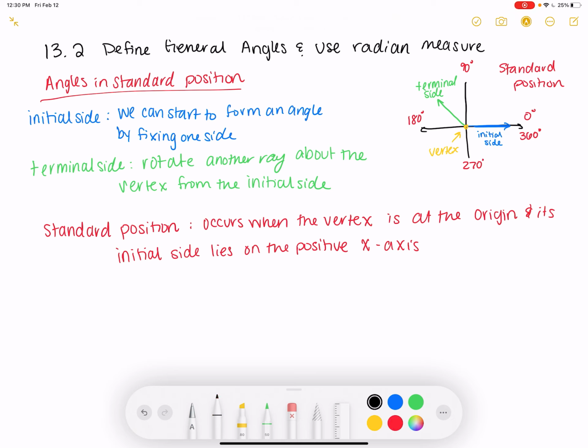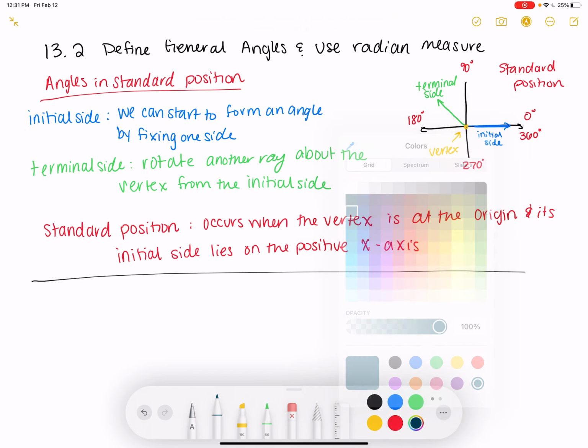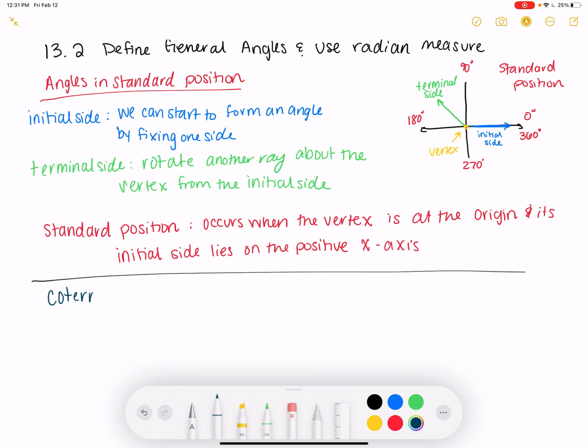So then another definition here. I like doing different colors, so let's just keep mixing it up. Coterminal angles.